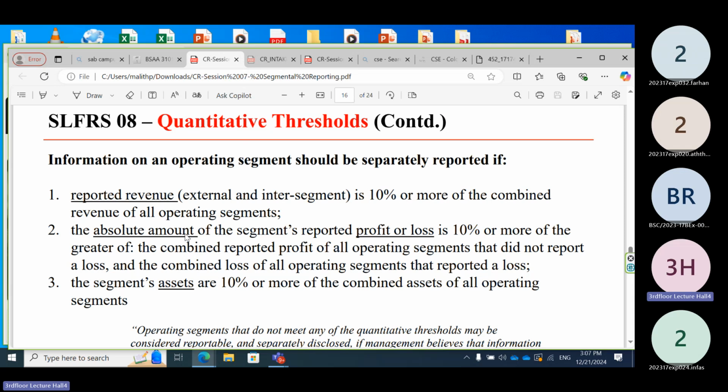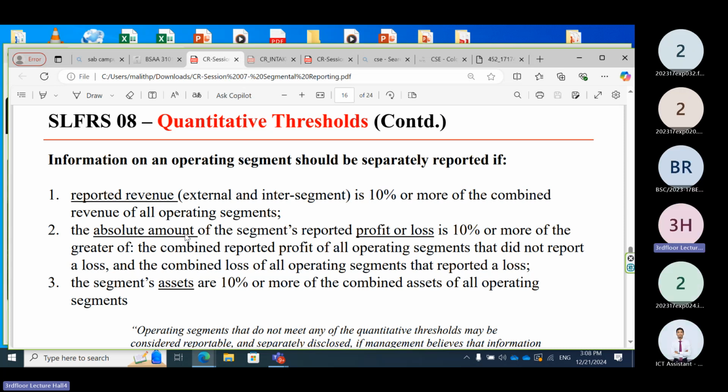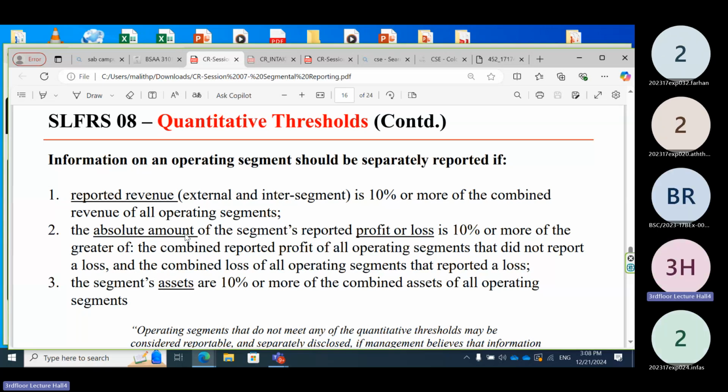The learning outcome is that to be a reportable segment, we need to pass only one criterion from the 4 criteria, right? What are they? Revenue, total assets, profitability, and external revenue.